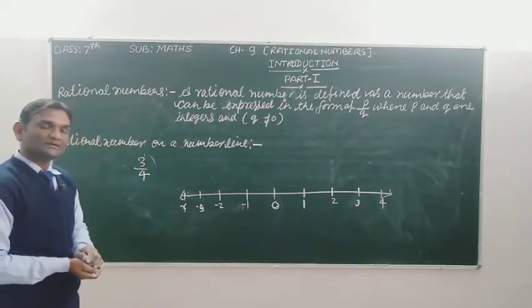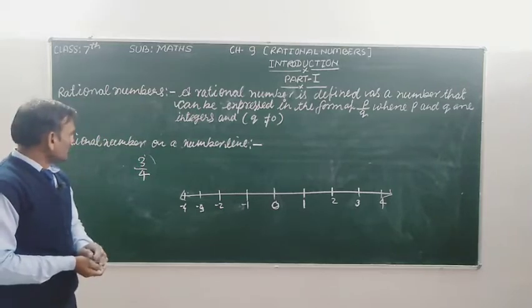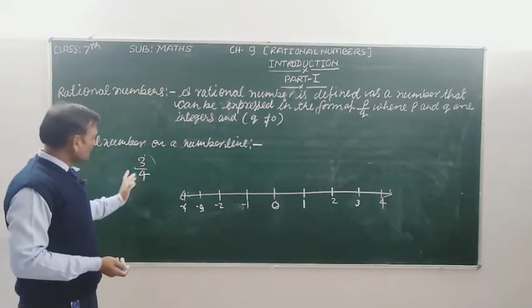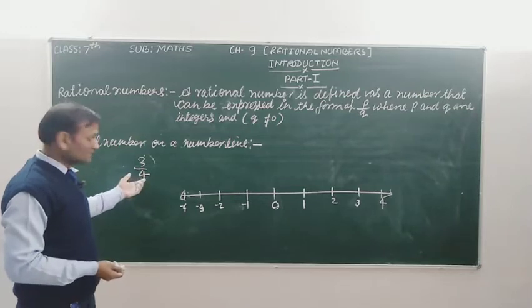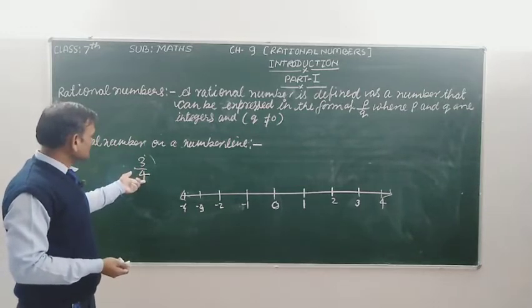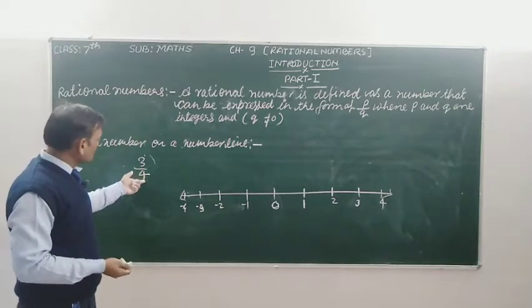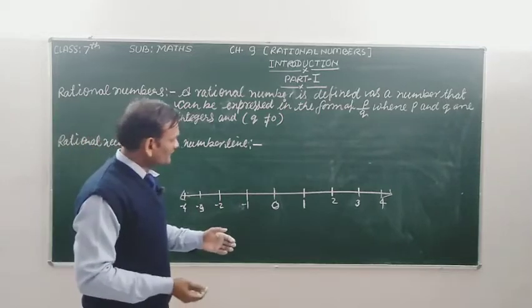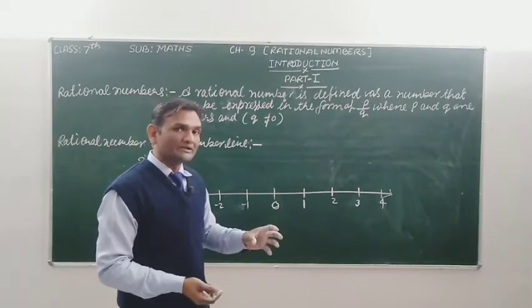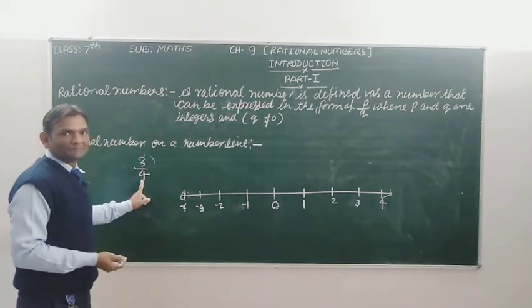Like this, student. And this is a rational number, and you are seeing that this rational number has the denominator 4. So we have to divide the distance between two units into 4 equal parts.